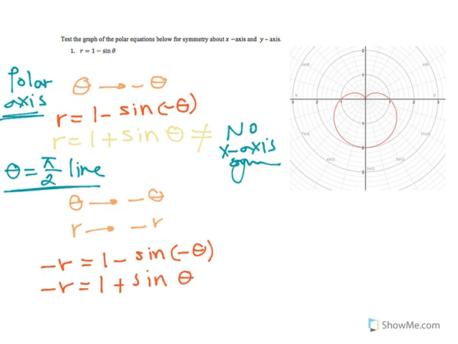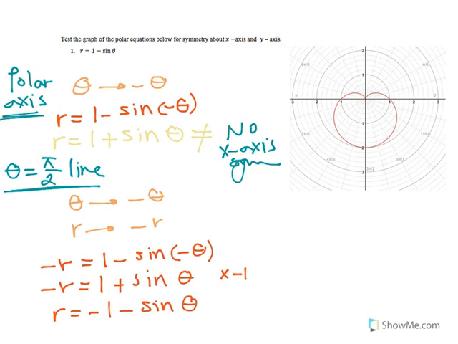And if we multiply the equation by -1, it's going to be r equals minus 1 minus sine theta.